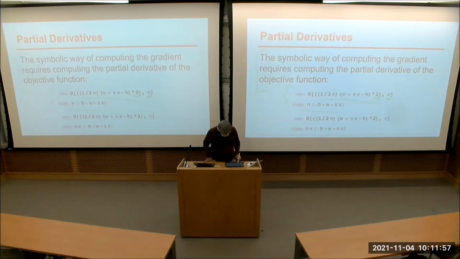N should be a variable, but it's not the variable that we are taking the partial derivative of. Yeah, but that is 1/2n, right? Of what n? Okay, I see. So, wait a second. I think this mistake is because of the way that you write this formula in Mathematica.